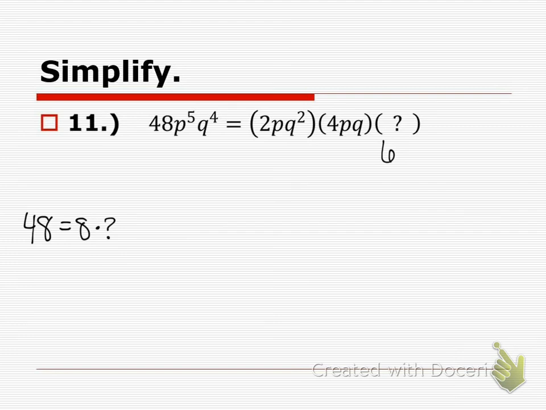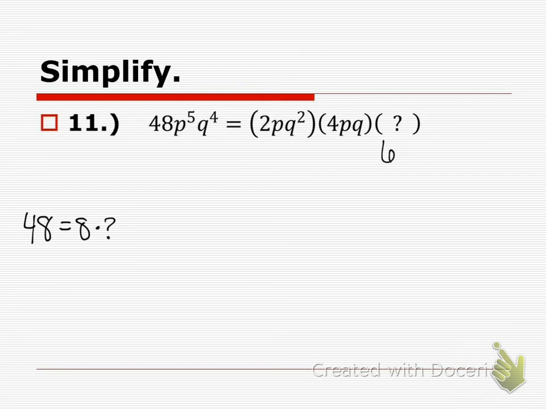Okay. So next we'll go on to the p's. If we're multiplying the same bases together, what do we do with their exponents? You add them. So right now we have p to the, this p is to what power? The first power.